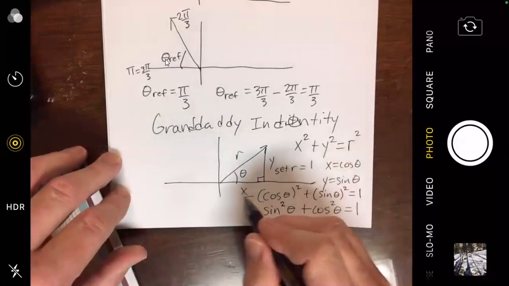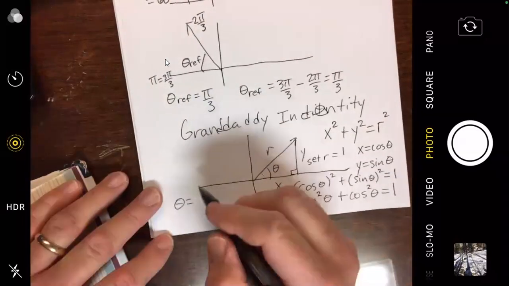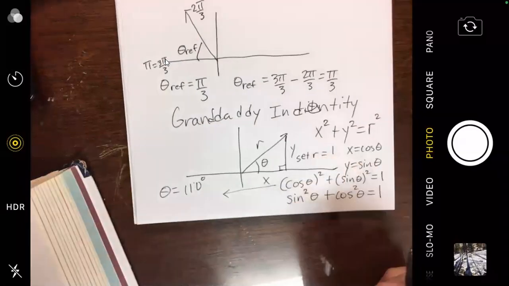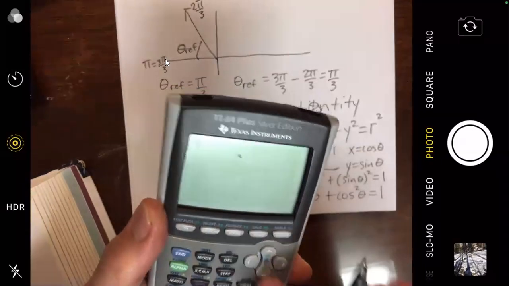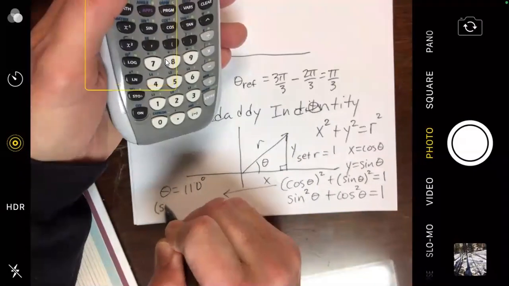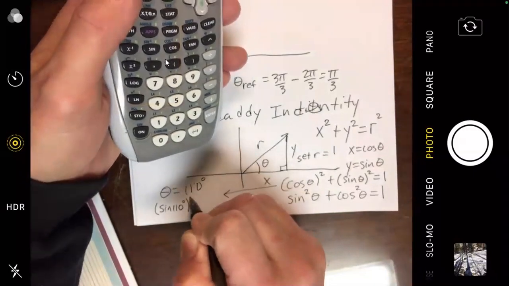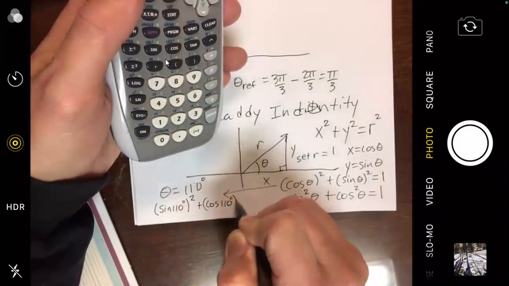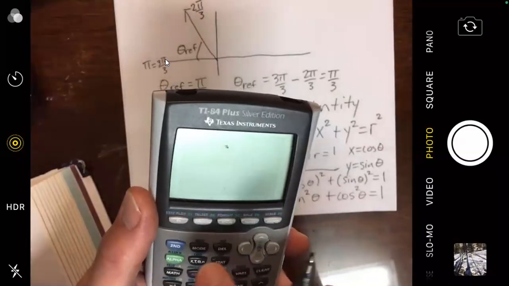All right, just to give you some confidence in this, I'll just make up a crazy angle, 111 degrees, 110 degrees since I wrote 110. Okay. Now, the way you got to punch this, I'll write sine 110 degrees squared plus cosine 110 squared, and I better get 1. Let's see if I'm in degree mode.